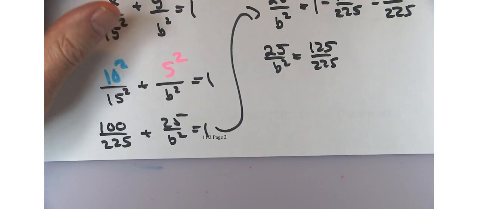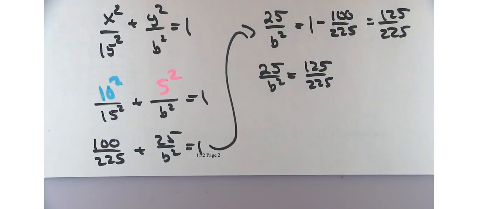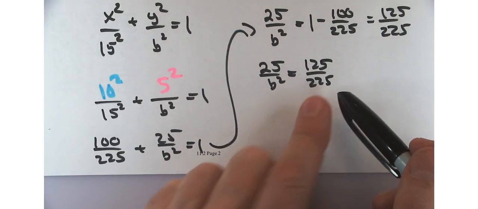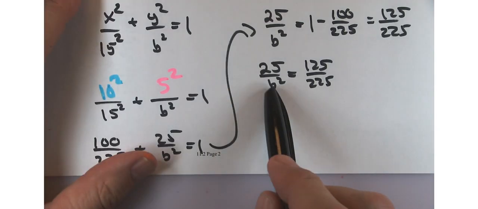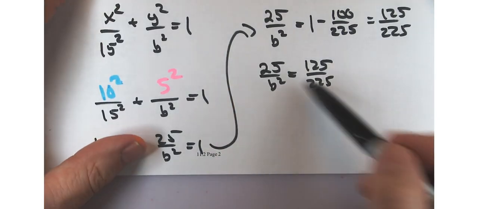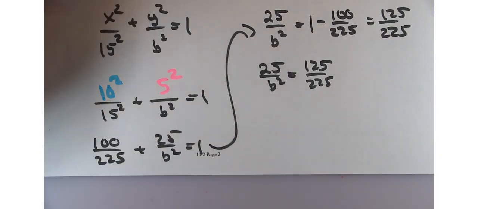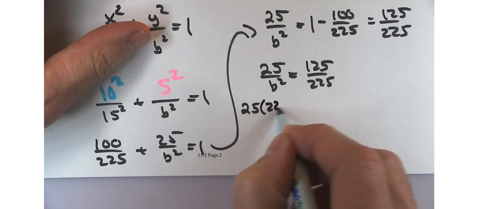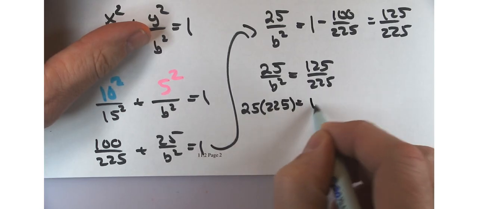So at least I'm closer now. How would I finish this up? What would you do? Multiply both sides by b squared. Let's also multiply by 225 at the same time. Since you have something equals something else, this is a proportion, and you can solve by cross-multiplying, or at least start to solve. So 25 times 225 equals 125 times b squared.